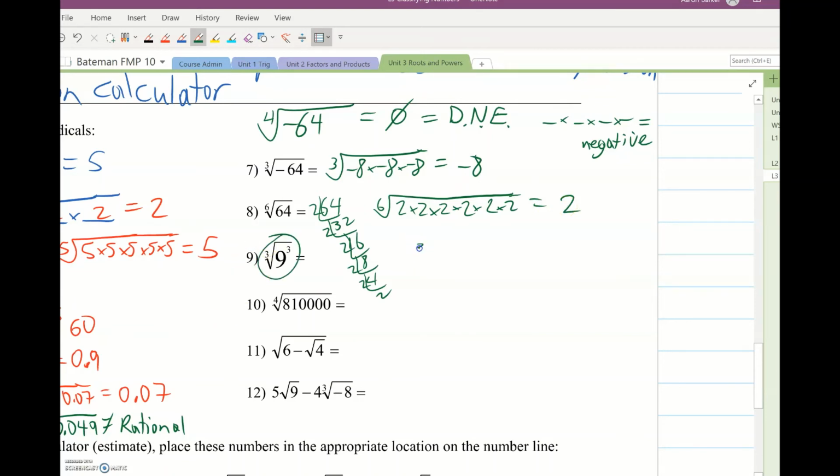So we're going to take that inside exponent and go 9 times 9 times 9, and you can see that equals 9. So your exponent and your root, the exponent of 3 cancels the root of 3. So you can mess around with some numbers there.